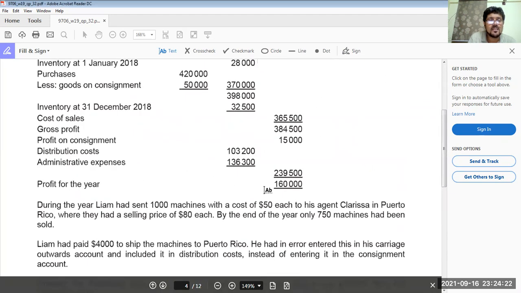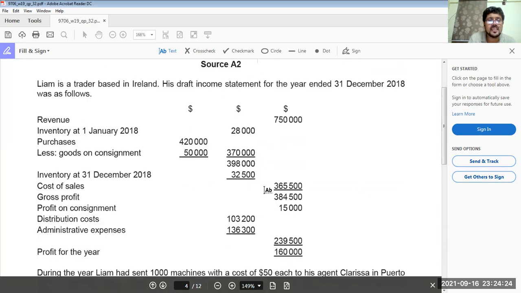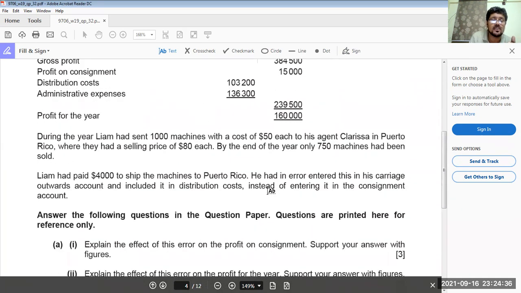Okay. Now come to question number 2. Liam is a trader based in Ireland. He drafted an income statement for the year ended 31st December 2018. Revenue, inventory, purchase of goods on consignment, inventory, cost of sales, gross profit, profit on consignment, distribution cost, administration. During the year, Liam sent 1,000 machines with a cost of $50 to his agent Clarissa in Puerto Rico, where they had a selling price of $80.